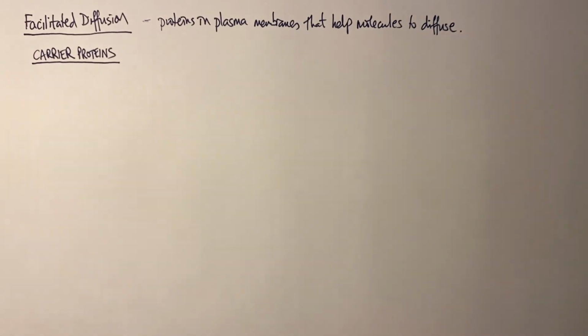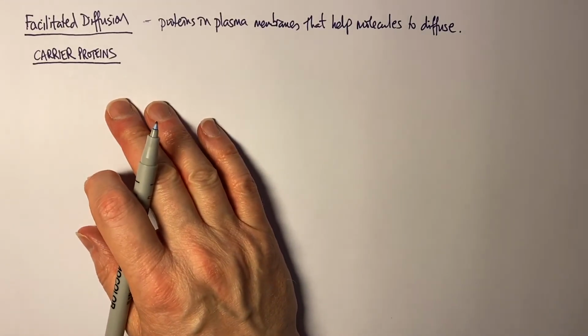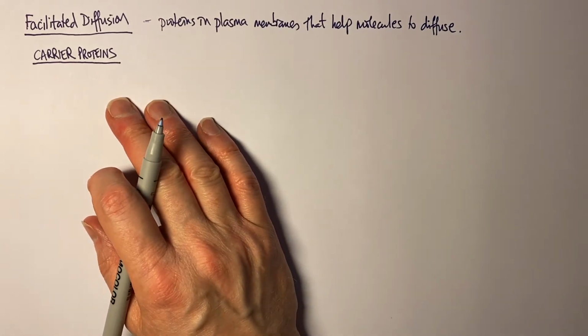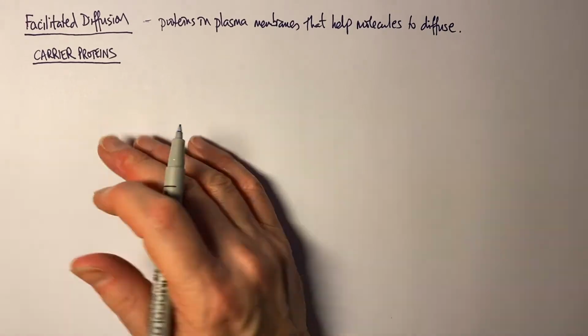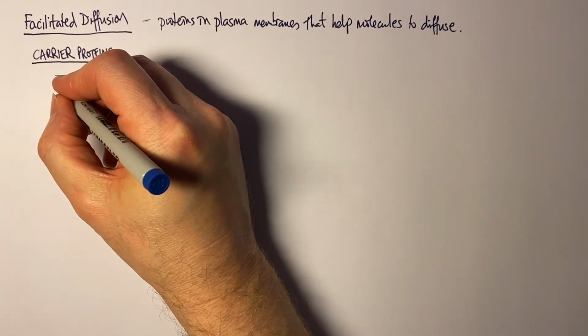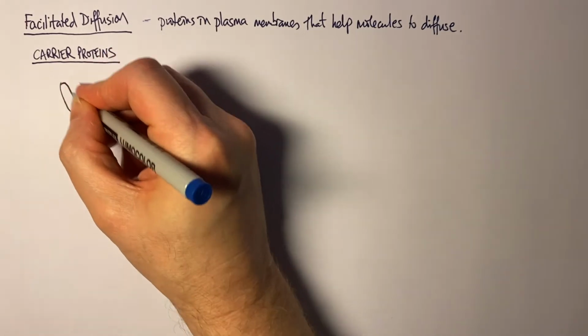Now, carrier proteins are proteins that span across the membrane, and they react to the presence of a specific molecule. So if we have a protein, it might look a little bit like this.